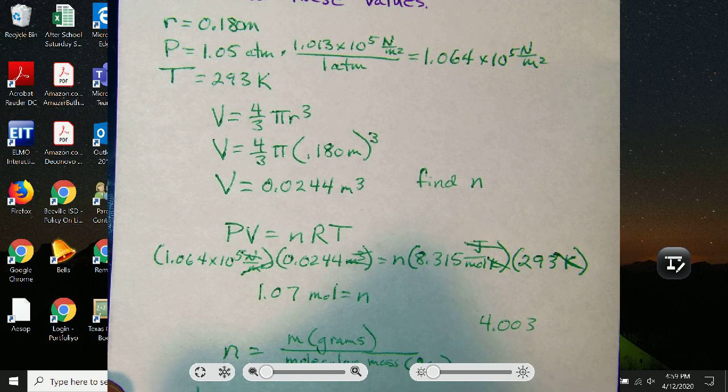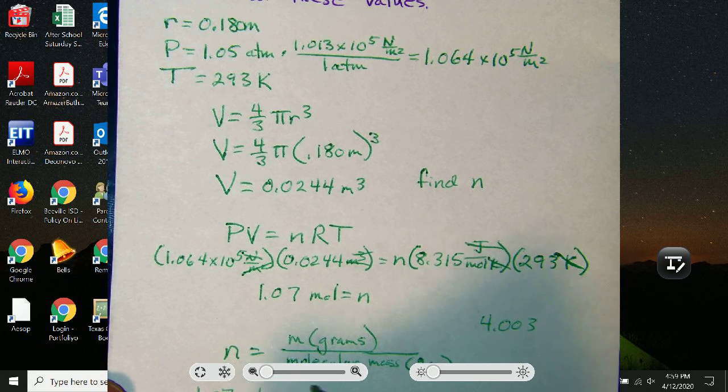So we have 1.07 moles equals the mass over 4.003 grams per mole.